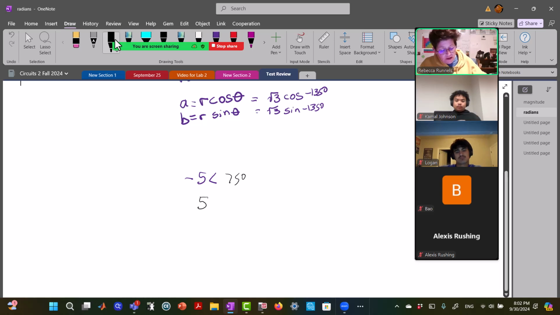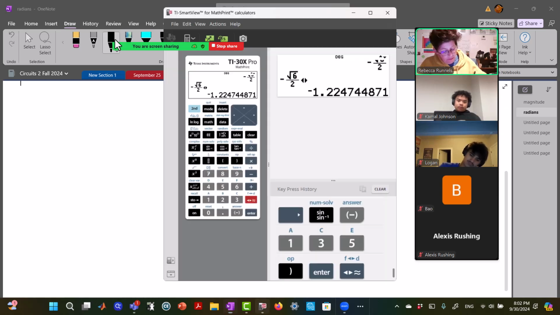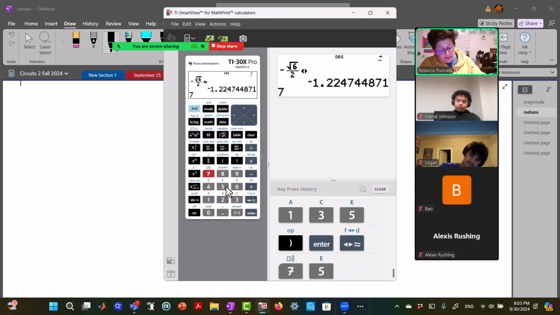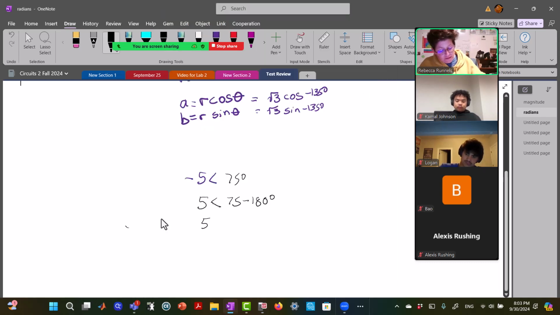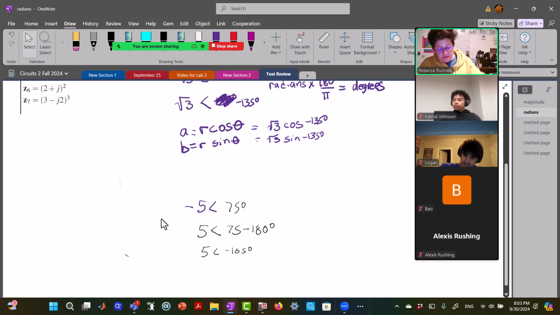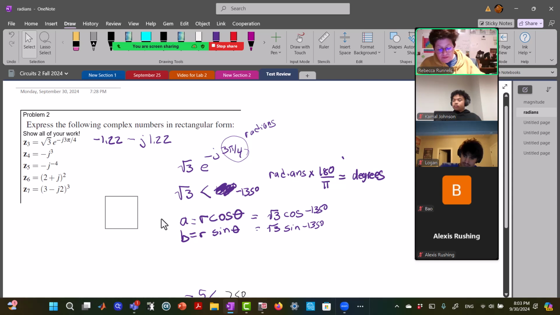The way you figure out which to do is you need to keep your answer between negative 180 and positive 180. So for this one, I would have to subtract 180 degrees, because if I added 180 degrees, it would be too big. So negative 105 degrees. That was just an aside.